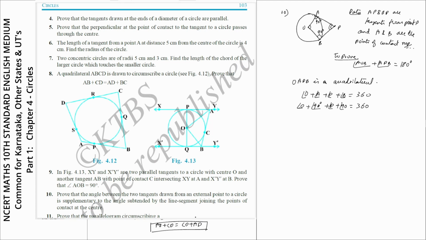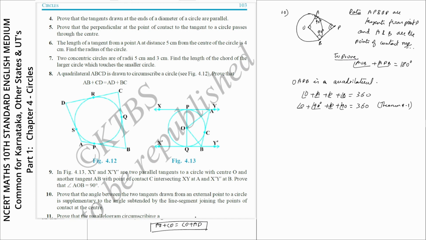So angle A and B are 90 degrees from theorem 4.1. What theorem 4.1 says is that the tangent at any point of a circle is perpendicular to the radius through the point of contact. Perpendicular means it makes an angle of 90 degrees. Therefore angle A and angle B will be equal to 90 degrees.